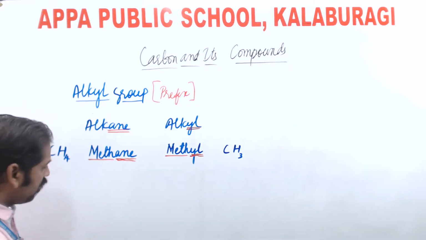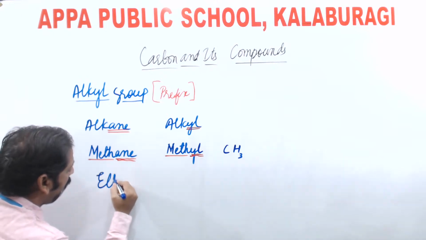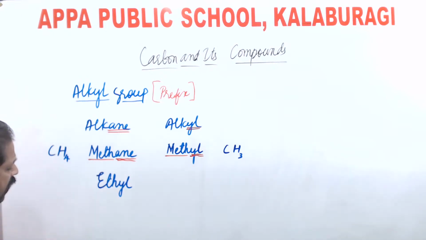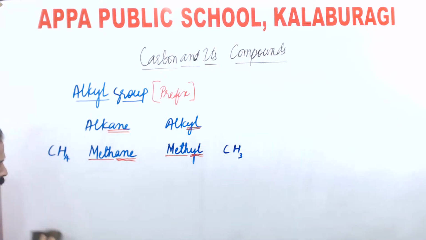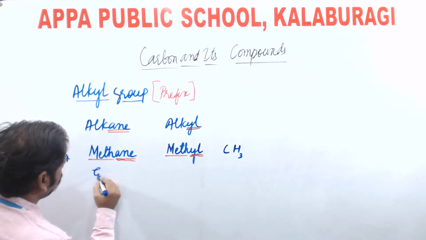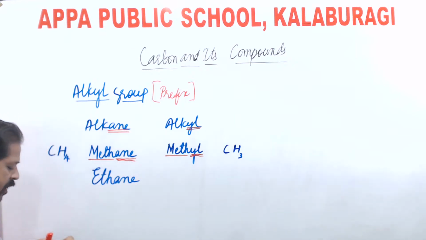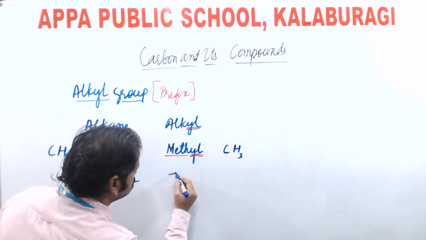Methyl. Next, after methyl, we have ethyl. Once again the same is there, ETH. First comes ethane, and here is ethyl.